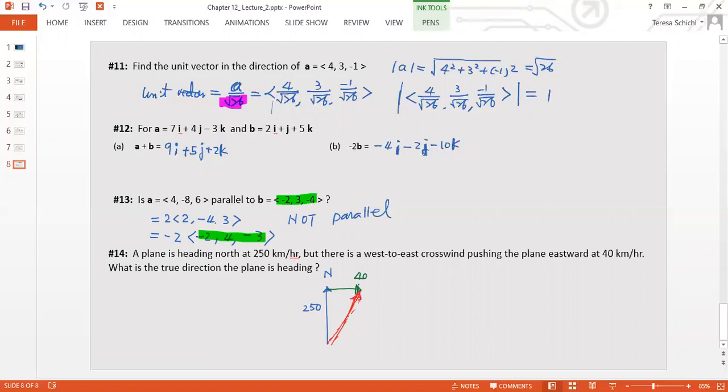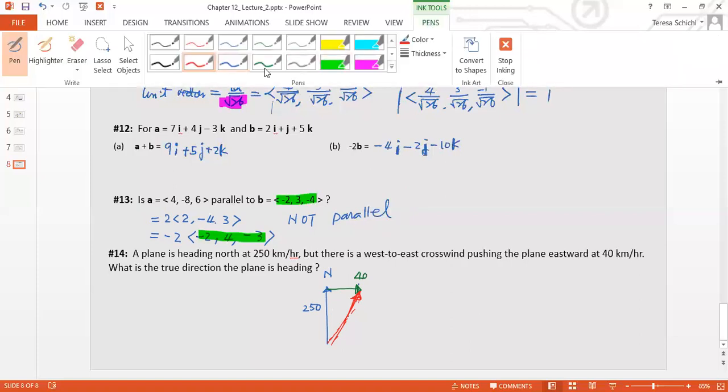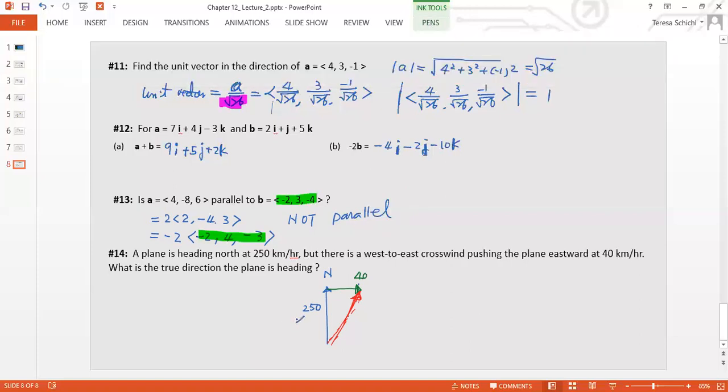Because it has the airplane power and the wind power, right? So they ask, what is the true direction the airplane is flying? Because you can see this is the vector, right? So this vector really is 0, 250, right? Because you only go north, that's the y-axis.